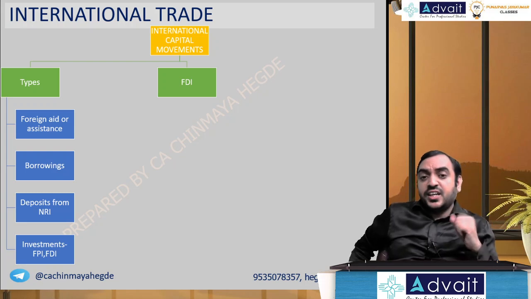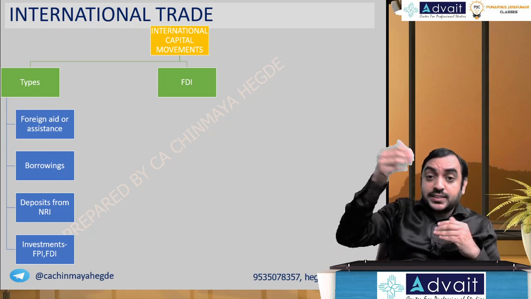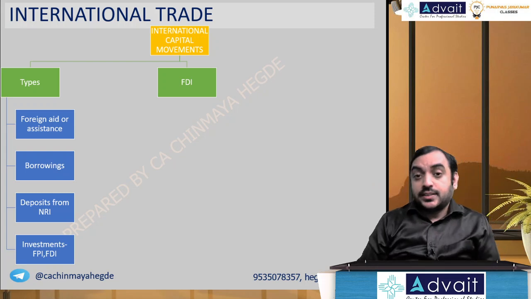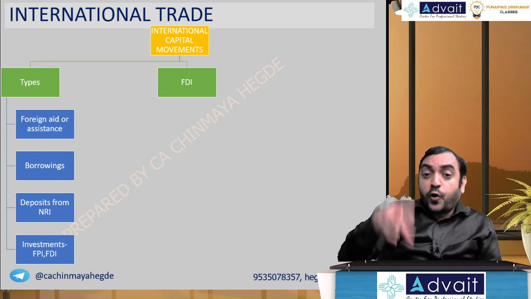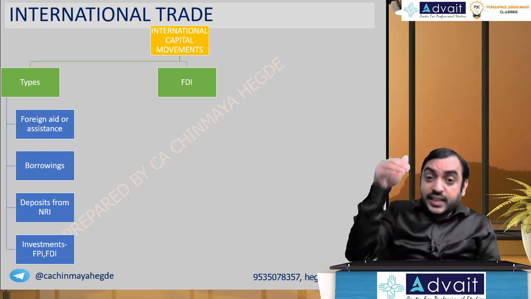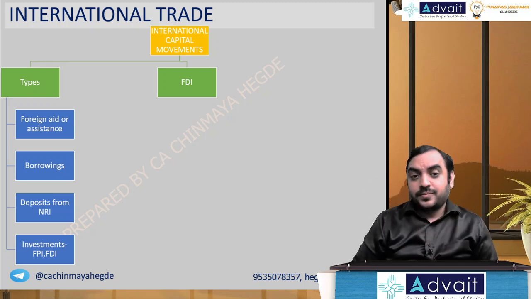What is FDI? Foreign direct investment. Foreign individuals or foreign companies come to India and start their business directly. Foreign people are involved in the management. They start a company, they put in their money and they manage.